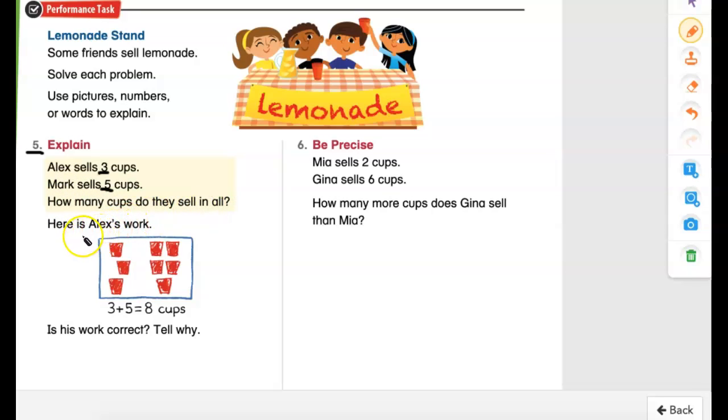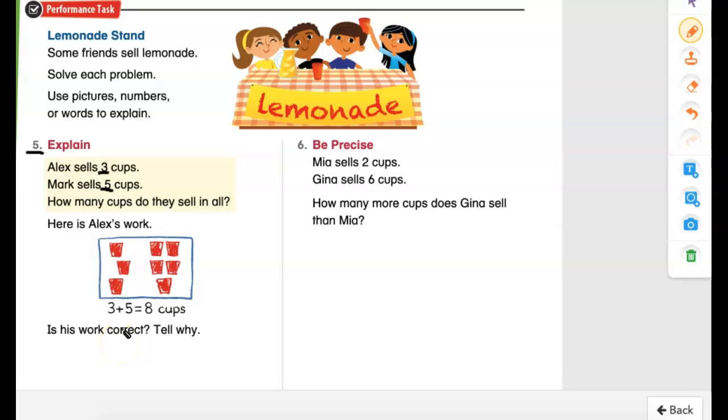So Alex is saying that this is how you solve the problem. So Alex said 3 plus 5 cups equals 8 cups. So for number 5, it wants you to tell, is his work correct?